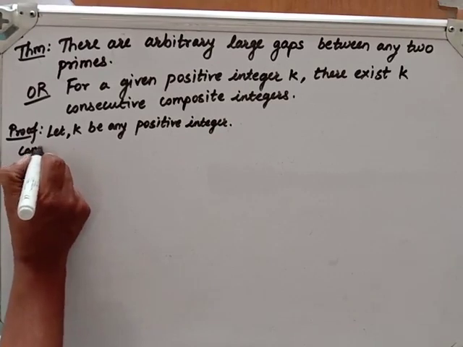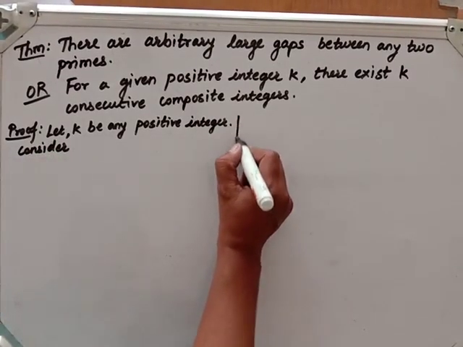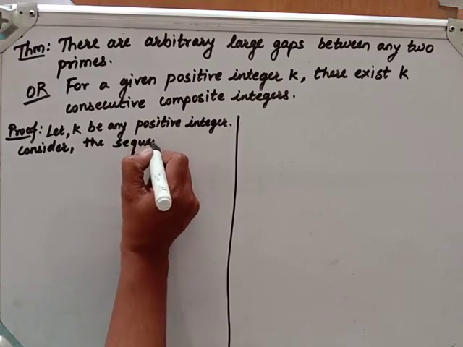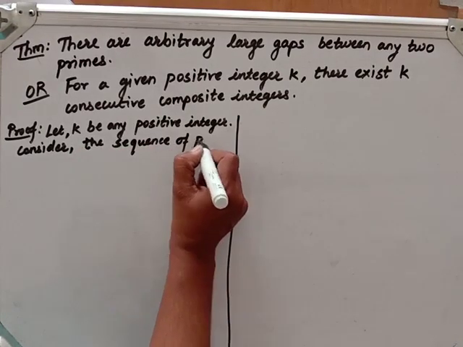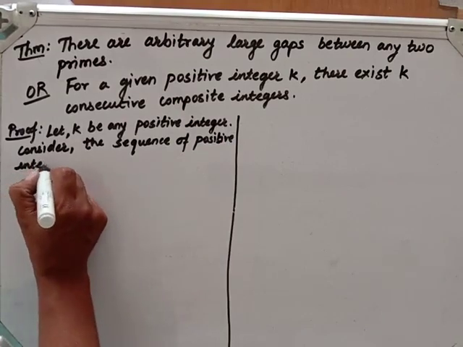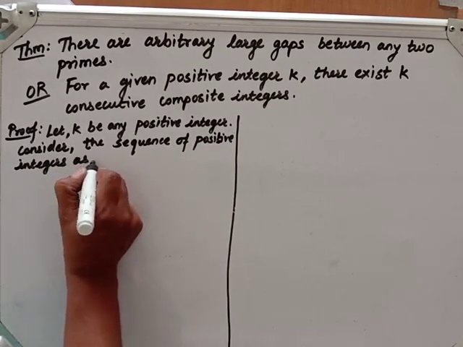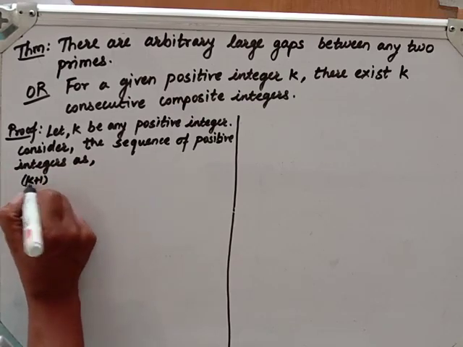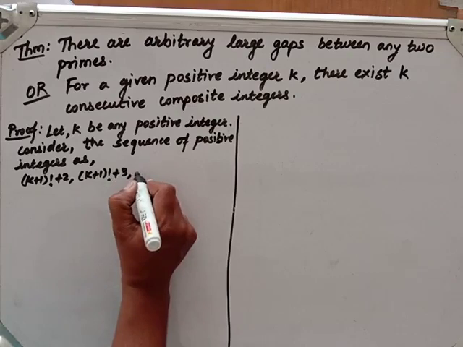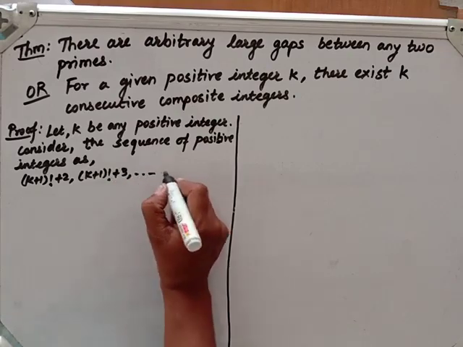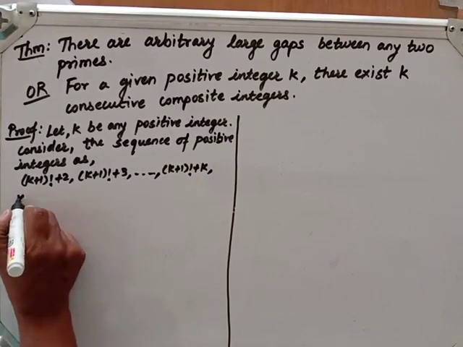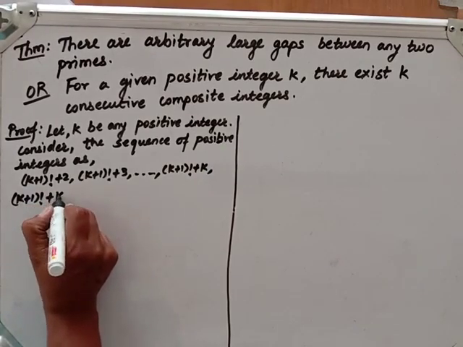Let us consider the sequence of positive integers k plus 1 factorial plus 2, k plus 1 factorial plus 3, k plus 1 factorial plus 4, and so on up to k plus 1 factorial plus k and k plus 1 factorial plus k plus 1.